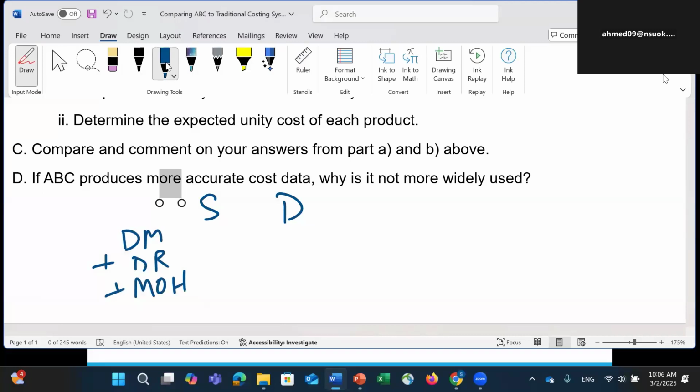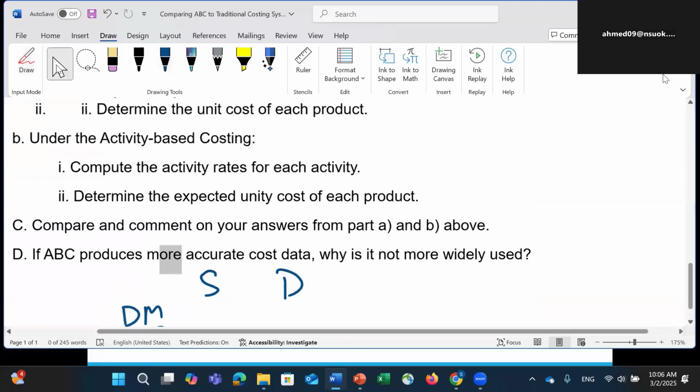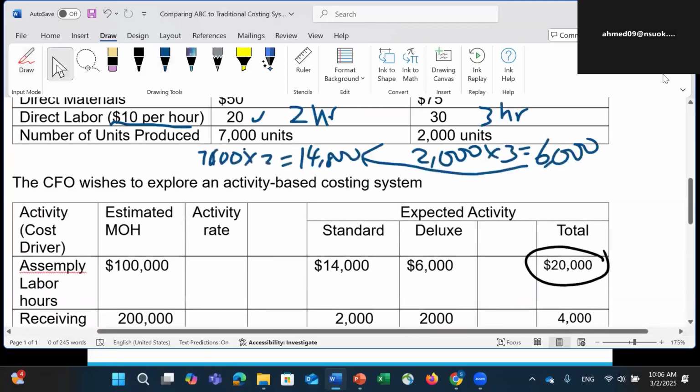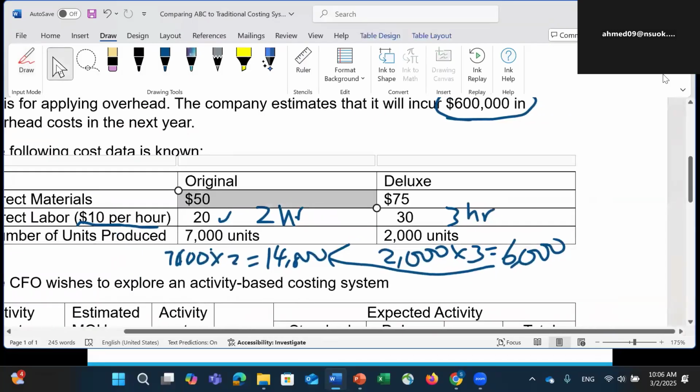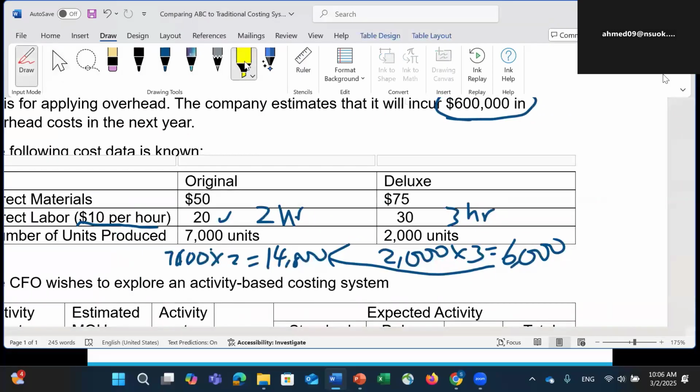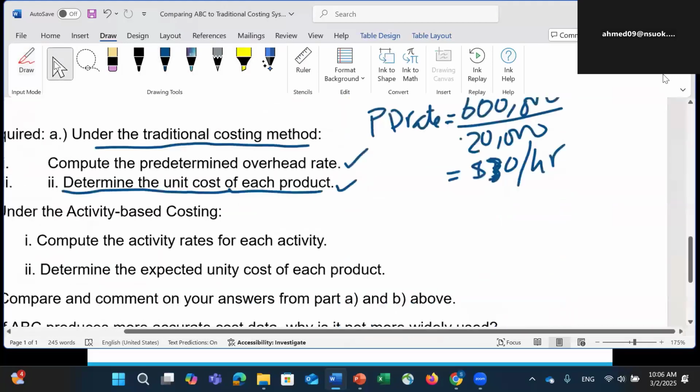Direct material is given to us, so we can bring it from right here. Direct labor and direct material are here, and deluxe is right here. So we will take 50, 20, 75, 30. Let's have that 50, 20.